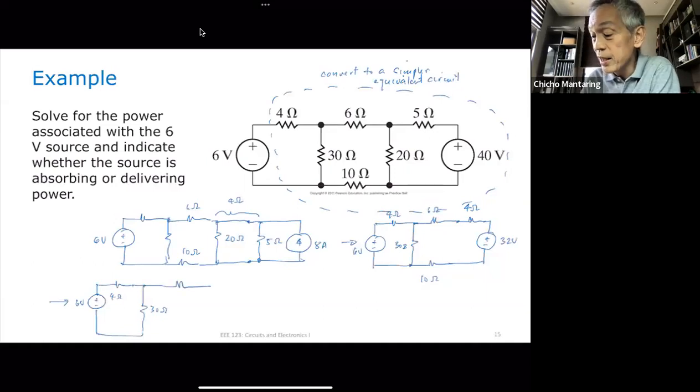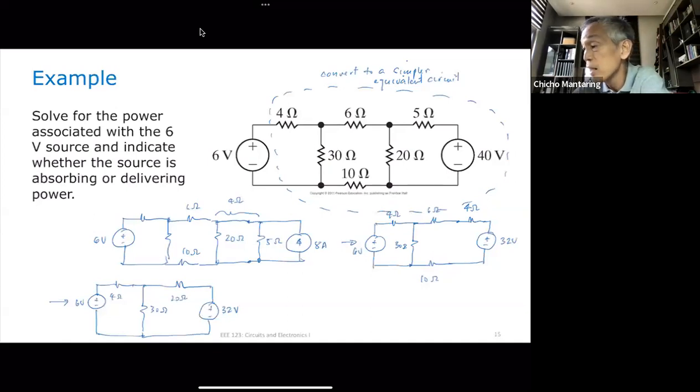What will this resistance be? It's just going to be 6 plus 4 plus 10 or 20 ohms. And then here I have a 32 volt source. Any questions?